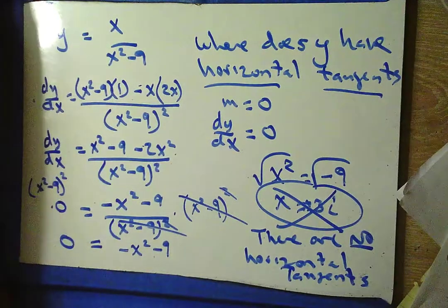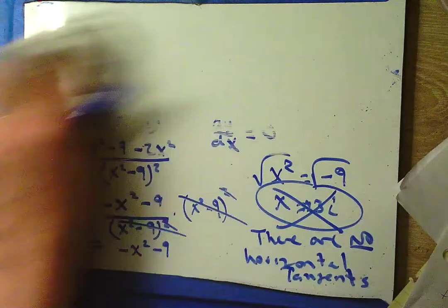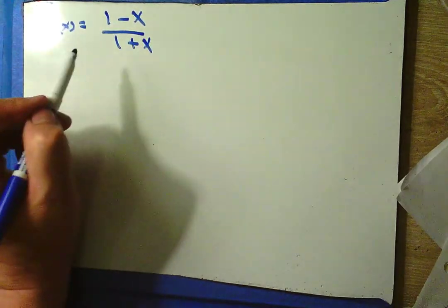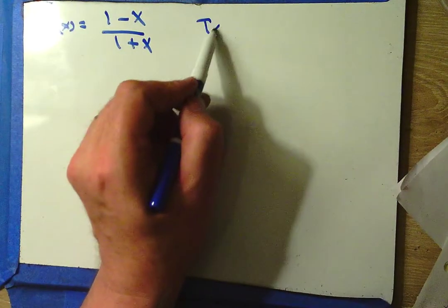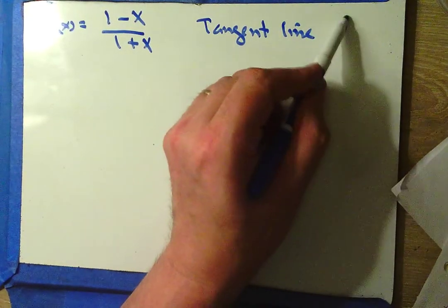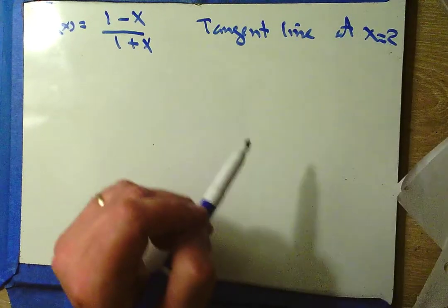Okay? Cool. Next, Jack was asking me about tangent line equations, so let's do one of those. If f of x equals 1 minus x over 1 plus x, I would like the tangent line at x equals 2.